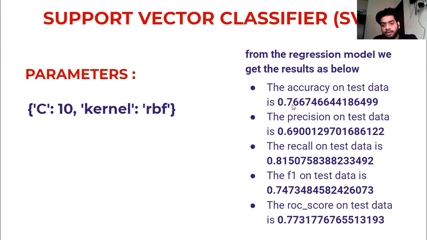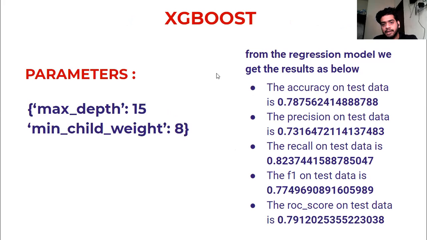Accuracy is 0.76, precision is 0.69, recall value is 0.81, F1 score is 0.74, ROC score is 0.77. So here we can get a good recall value of 0.81, but the ROC score is not that good. So we perform the next model, that is XGBoost, extreme gradient boosting.